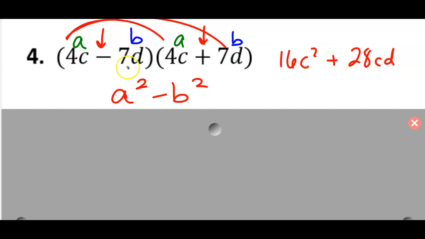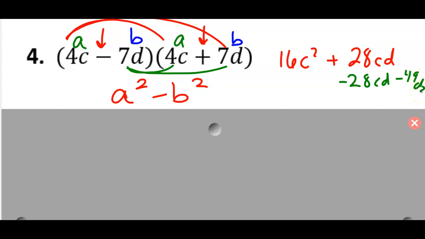Now I'm going to do negative 7d times 4c, which is going to give me negative 28cd. And then negative 7d times positive 7d is going to give me negative 49d squared.